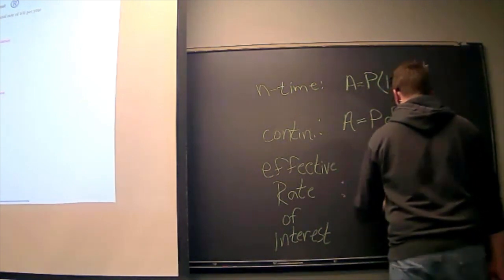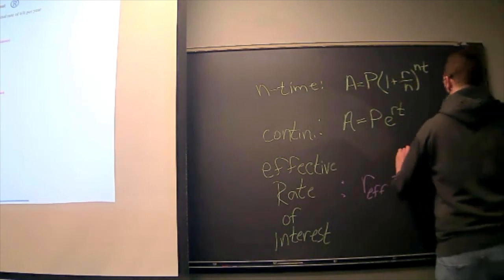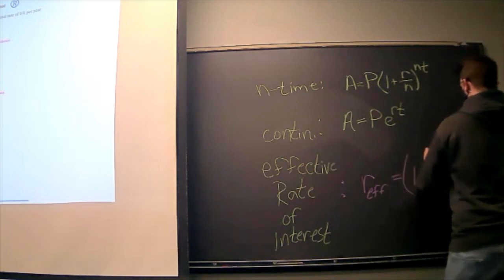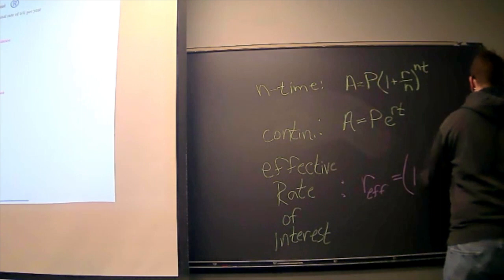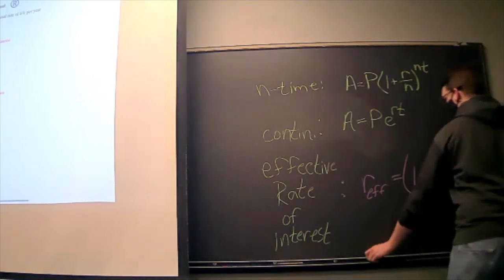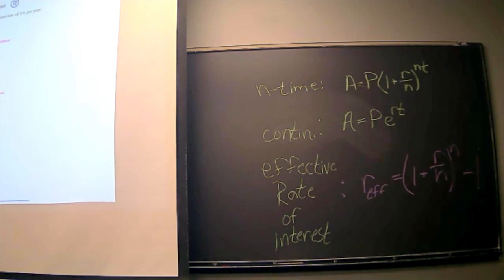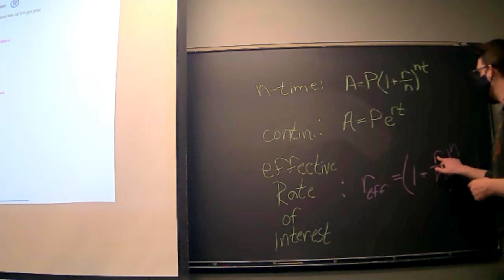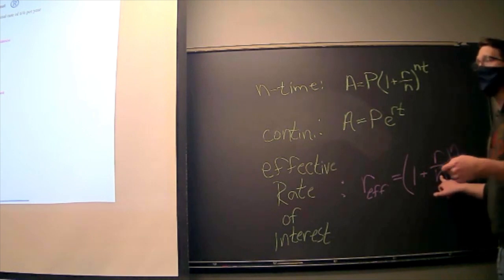I'm trying to make sure I keep my notation the same as what the book uses. 1 plus R over N, to the N, minus 1. So all of our notation is going to stay the same here. This is the interest rate, and this is the number of times it compounds annually.